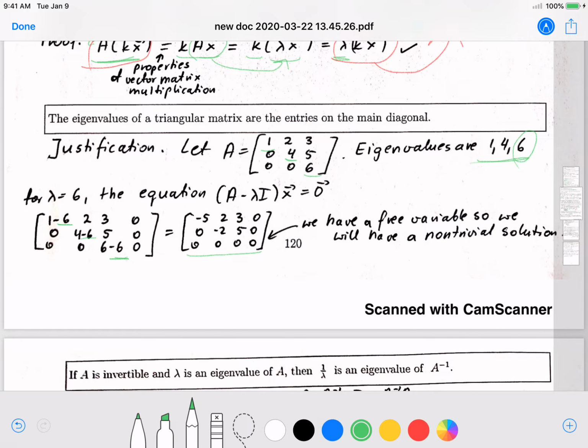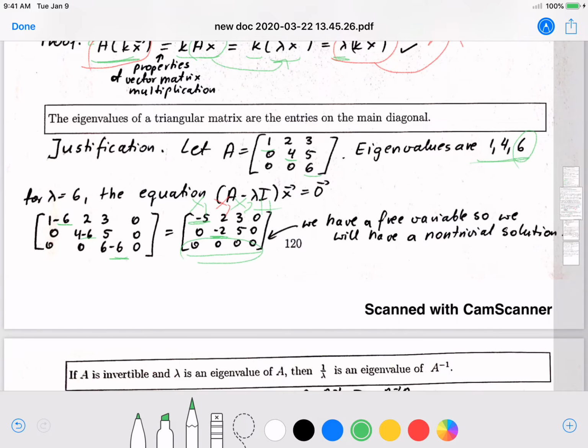So notice that I'm always going to have a free variable because one of the main diagonal entries will disappear. I'm going to have a 0 row. In that case, this is going to be my pivot position, and this is going to be my second pivot position. And I still have a free variable. This would be my x1, this would be my x2, and this would be my x3, and this would be a number.